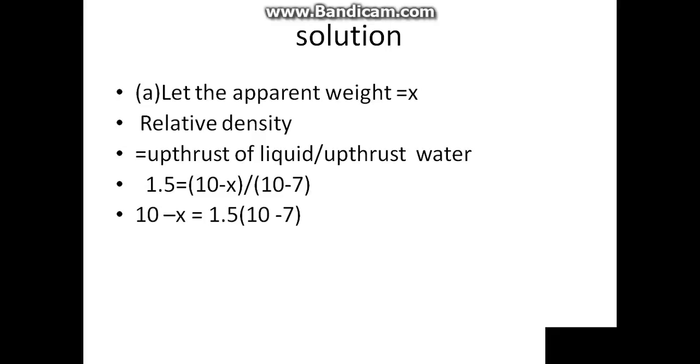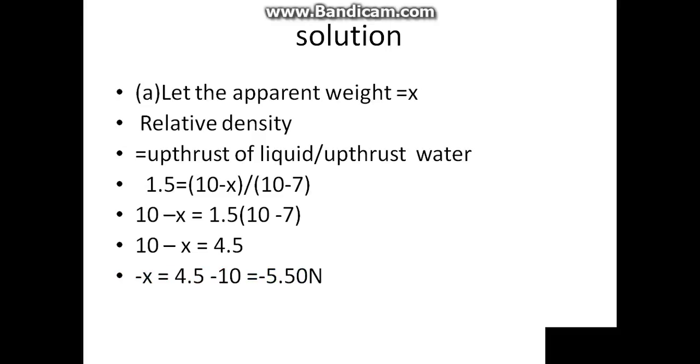Then if we cross multiply, we have that 10 minus x is equal to 1.5 times 10 minus 7. 10 minus x is equal to 4.5.